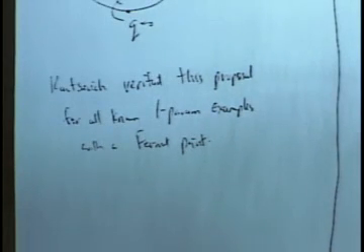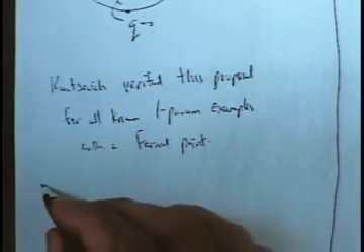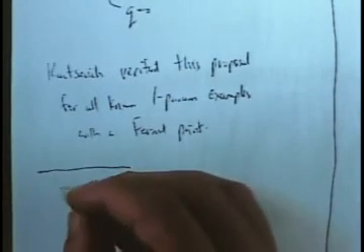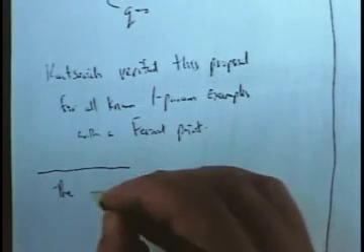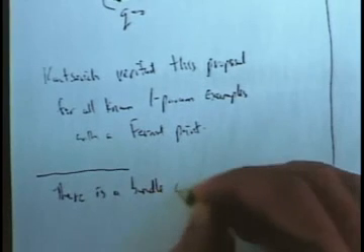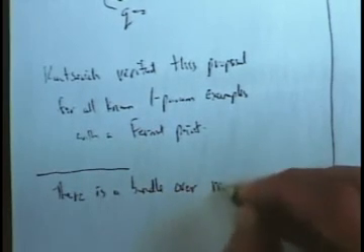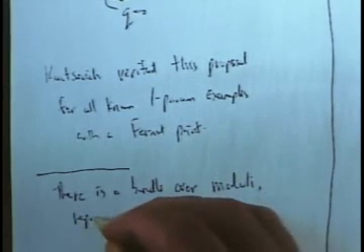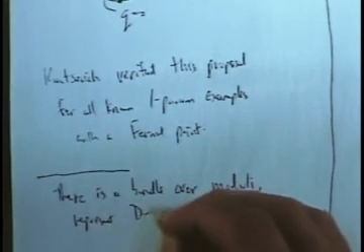So there's been a lot of study of this in the intervening years, and the current best description of the situation is that there is a bundle over this moduli space which represents the bundle of D branes in the physical theory.